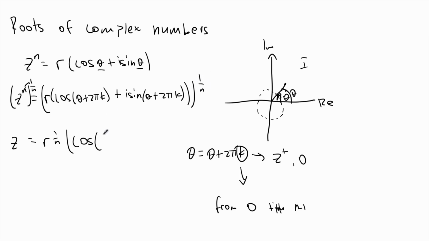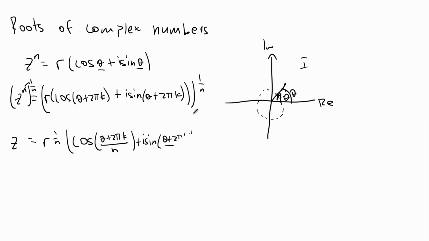So we go ahead and say theta plus 2 pi k over n plus i sine theta plus 2 pi k over n. And let me just, oops, we made a slight mistake. Theta plus 2 pi k.